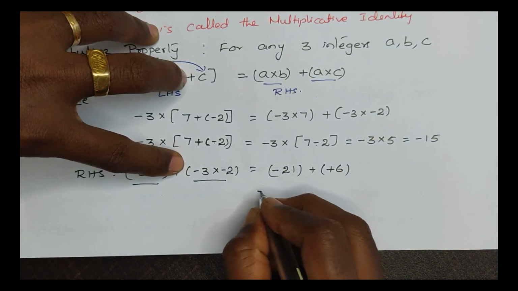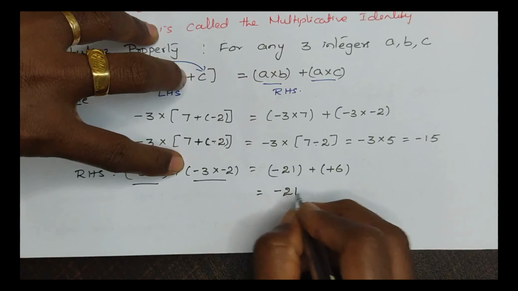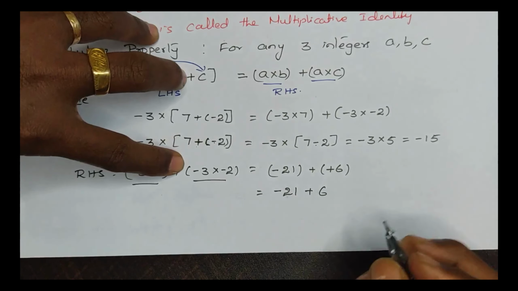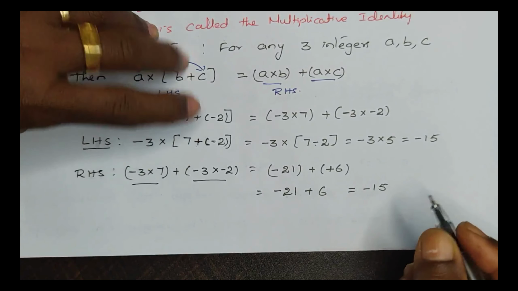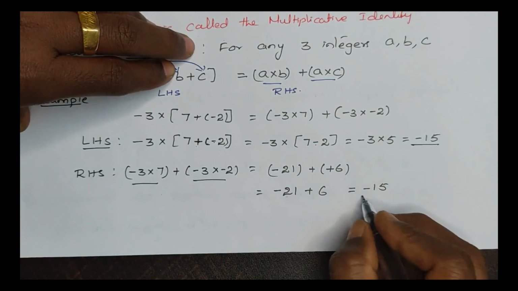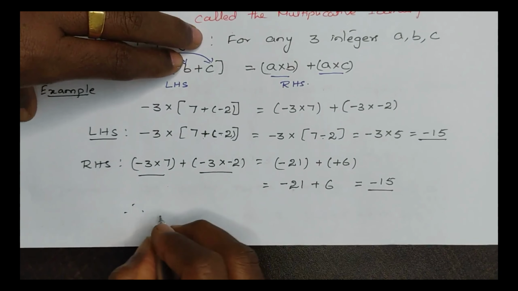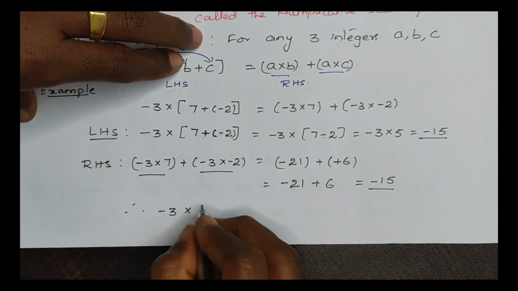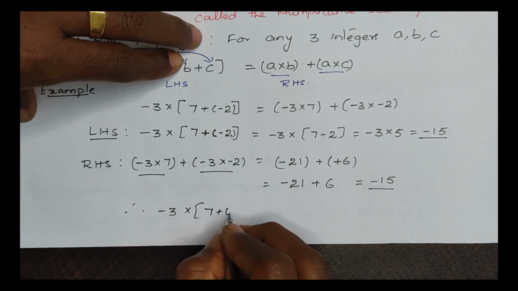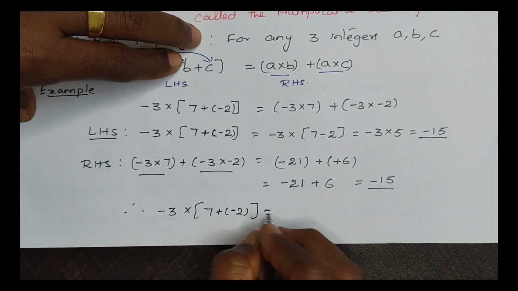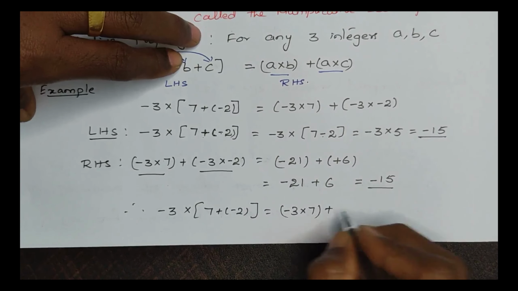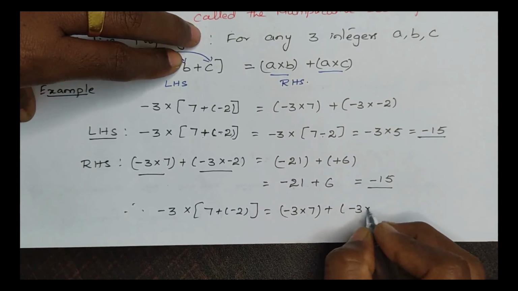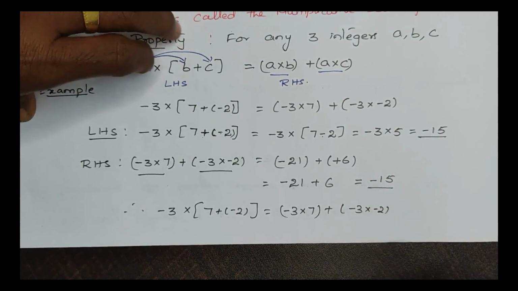So what is that? Minus 21 plus 6. What is the answer? Minus 15. So both are same. Therefore, minus 3 into 7 plus minus 2 is equal to minus 3 into 7 plus minus 3 into minus 2. Clear?